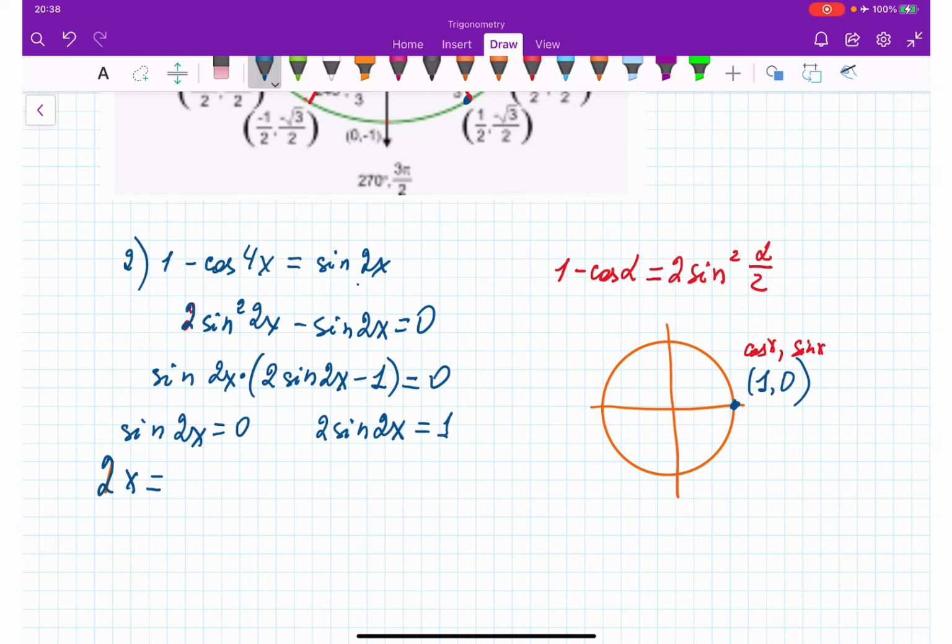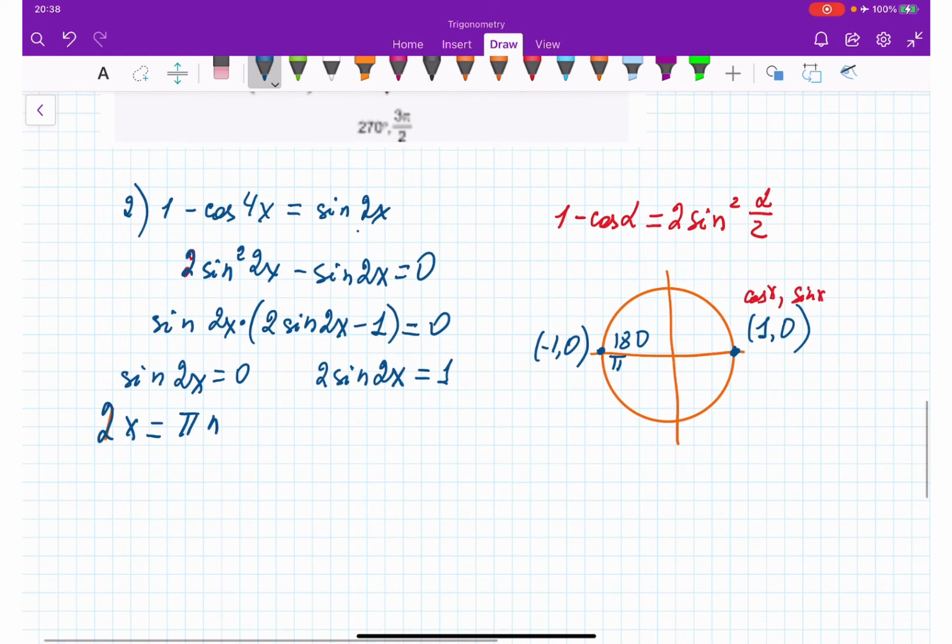And the other point is pi, which is 180 degrees, where cosine is -1 and sine is 0. Okay, so that means instead of putting 0 plus pi times n, we just put pi n. Okay, and from here, x is equal pi over 2 n.